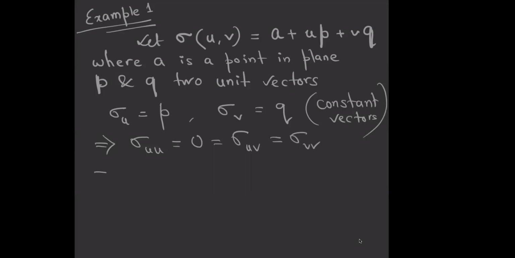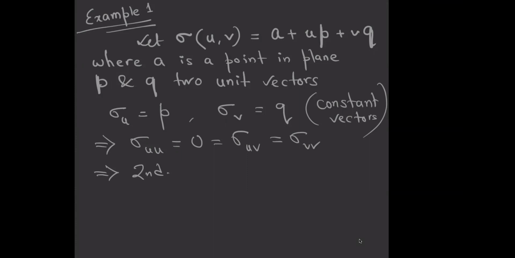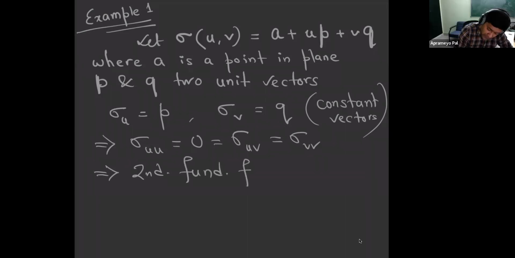Okay. So if this is the case, then the second fundamental form is also zero, right? Because all the terms are zero. If you take the dot product, it's also zero. So that's a relief. This somehow tells us that what we have seen is not that bad as a definition.